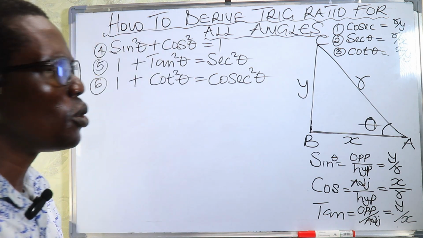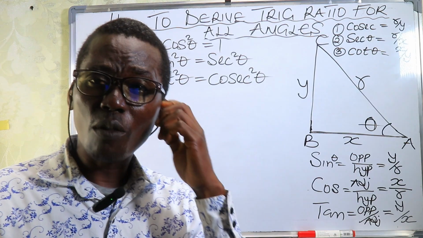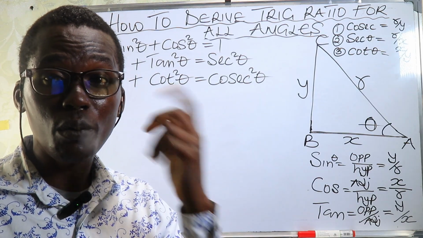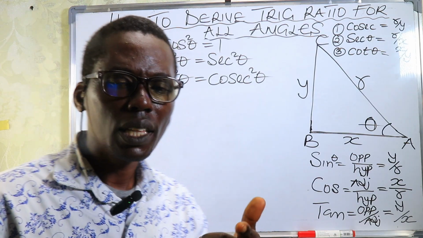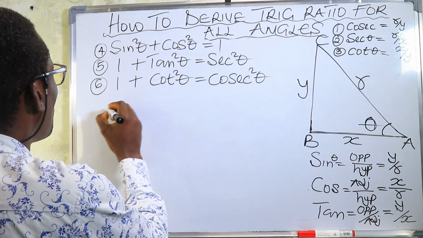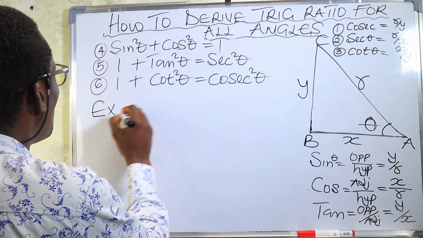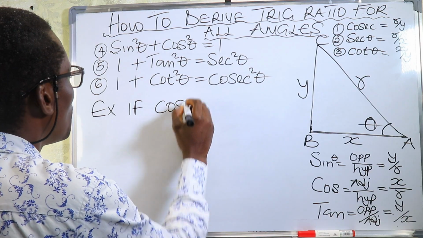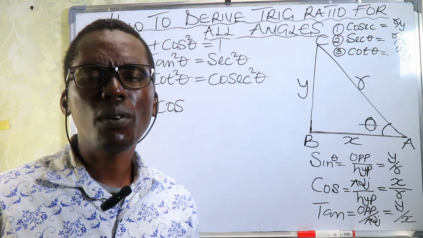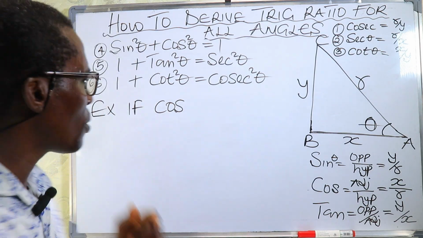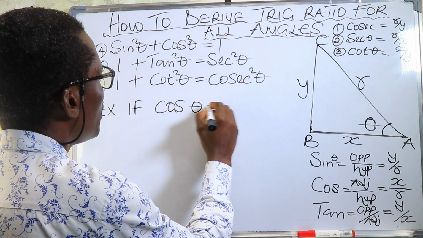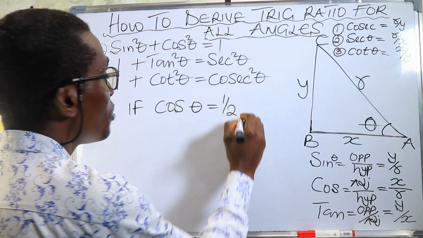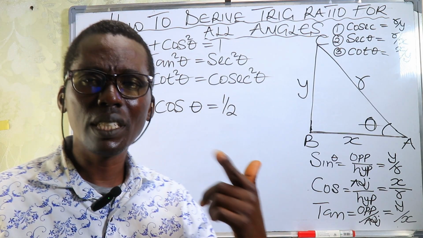Now the question you go always see am like that, and most of them dey come for theory part, some of them dey come for OBJ part, for JAMB question. They go tell you say, if, like this example, they say if cos theta is equal to 1 all over 2. I don see this question many times.